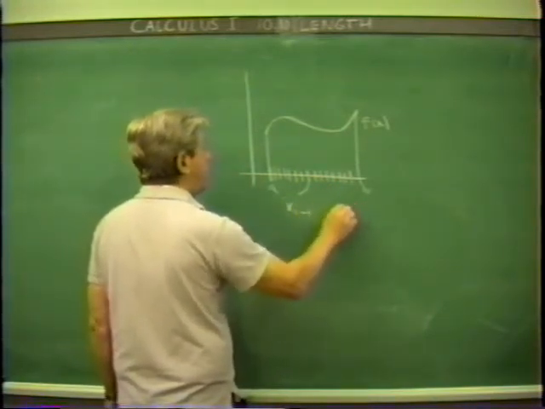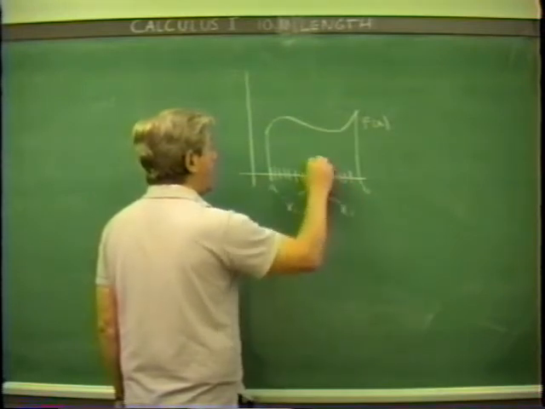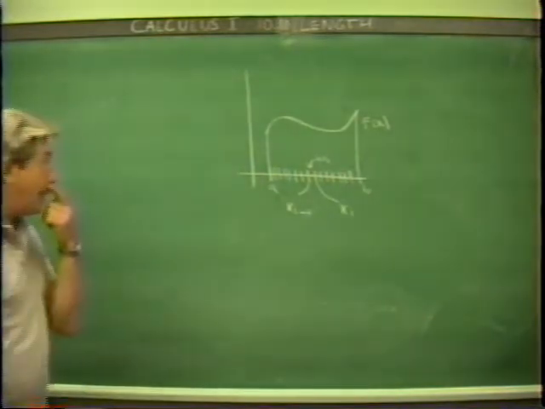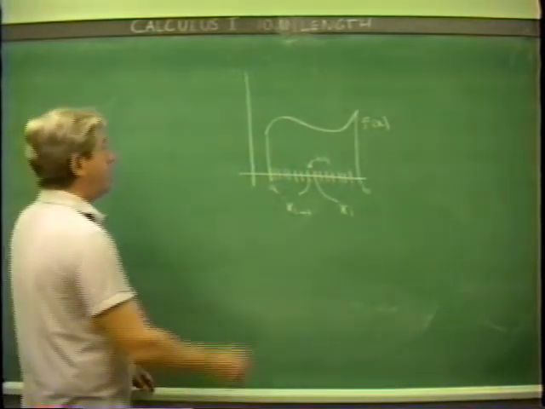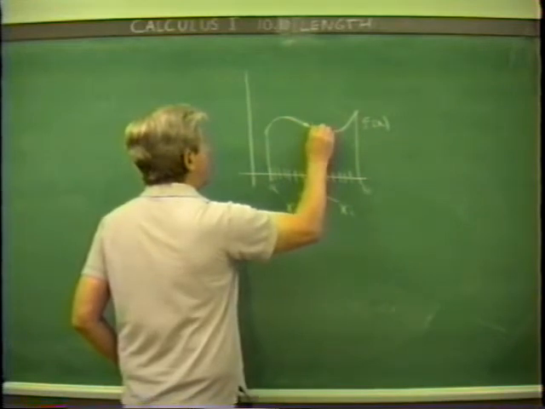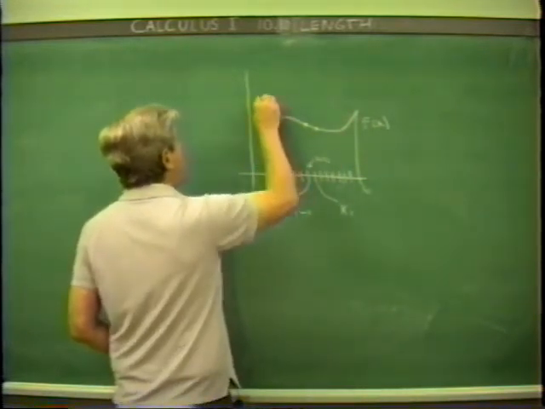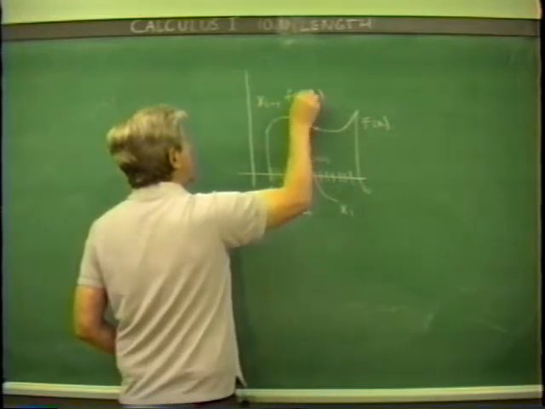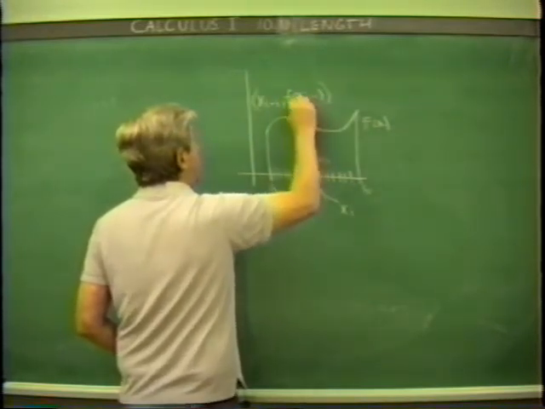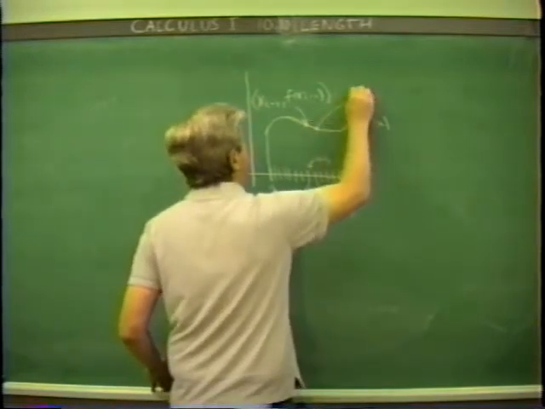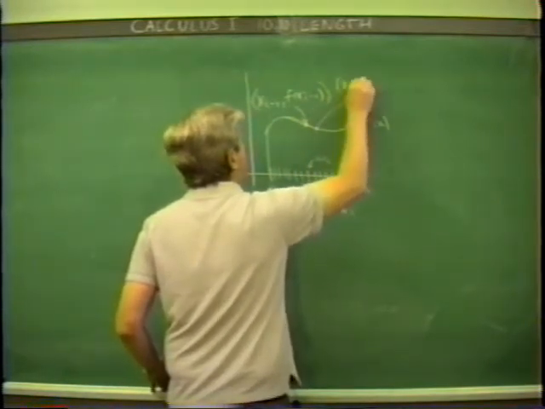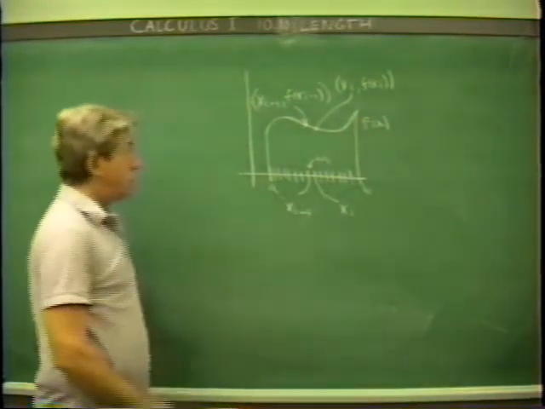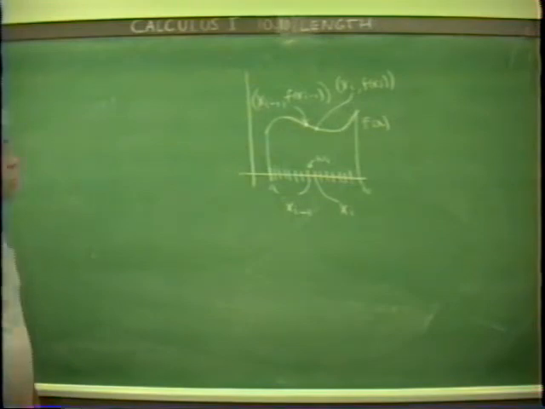And the general interval in the partition is going to be from x_{i-1} to x_i, and we're going to eventually figure on picking a point w_i between x_{i-1} and x_i. We then wish to consider these 2 points on the graph. This is the point x_{i-1}, f of x_{i-1}. That's this point. This other point here is the point x_i, f of x_i.